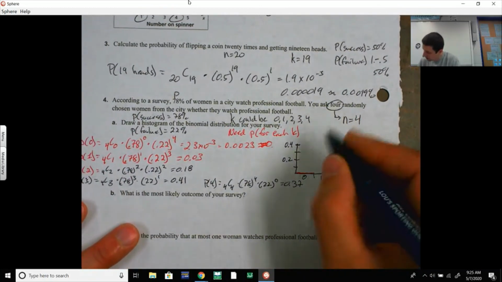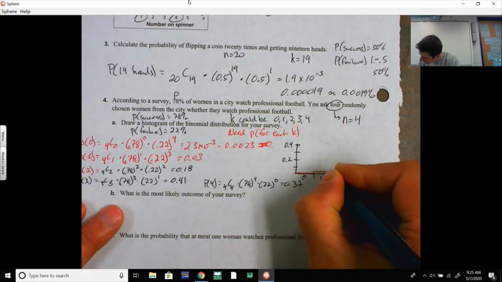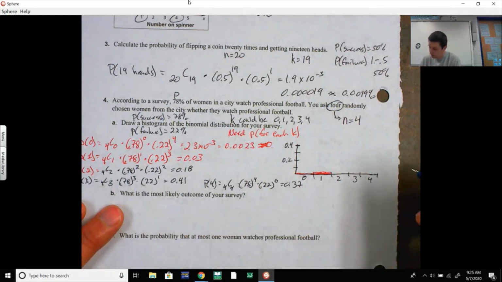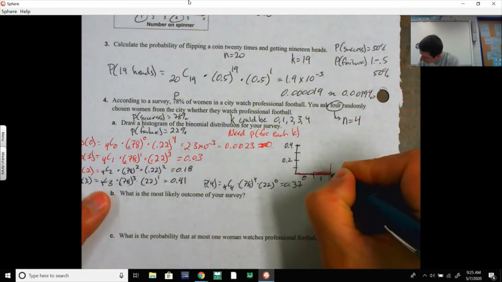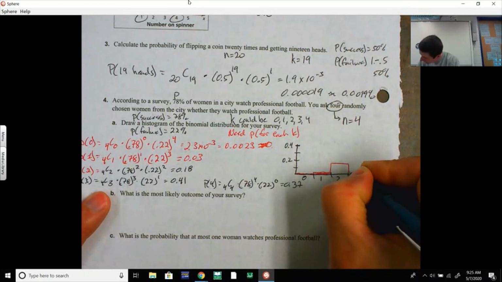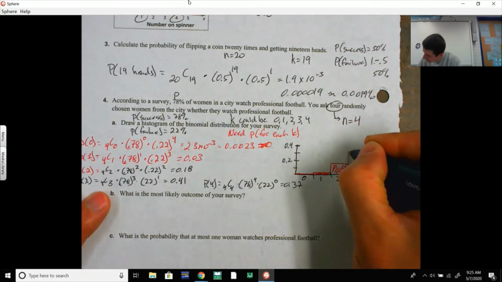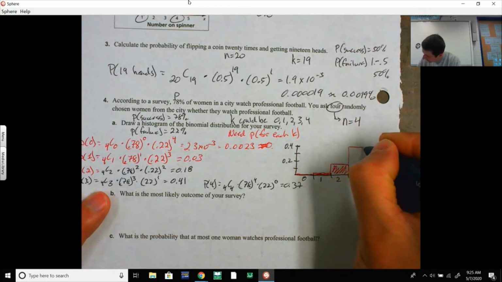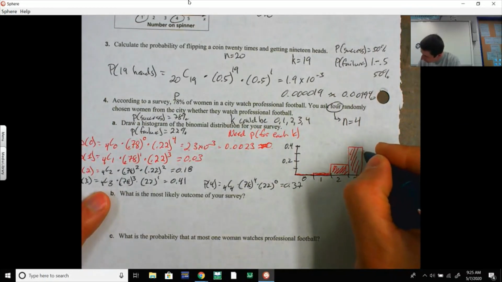Even the probability of just having 1 was 0.03, so that'd be just a little bit higher there. The probability that 2 would watch professional football was 0.18, so that's right below the 0.2 range. The probability of 3 was 0.41, that shot up there. And the probability of 4 was 0.37, dropped a little bit.